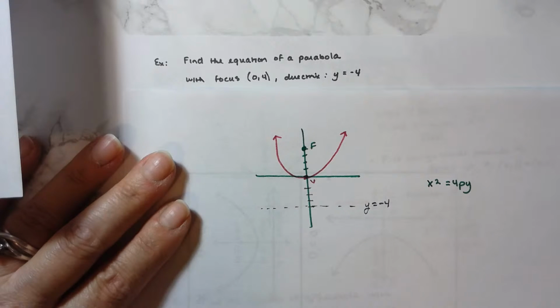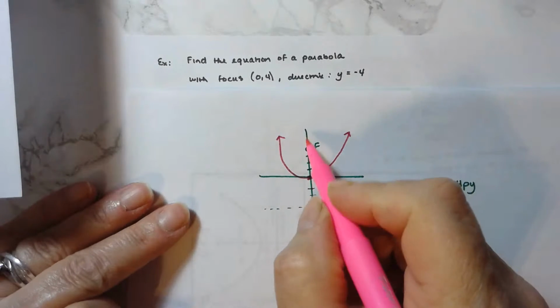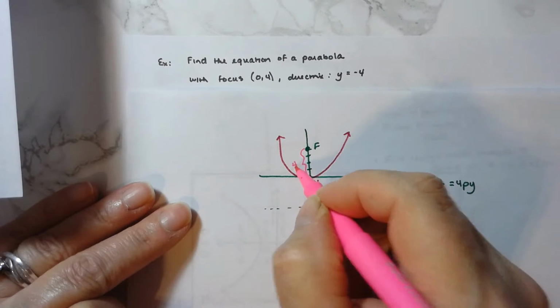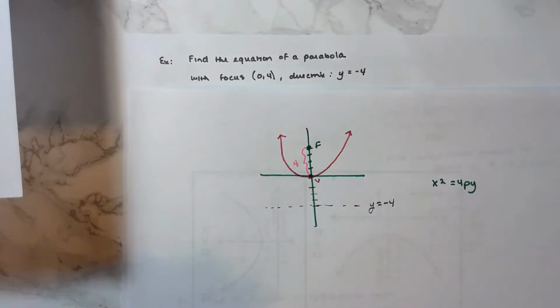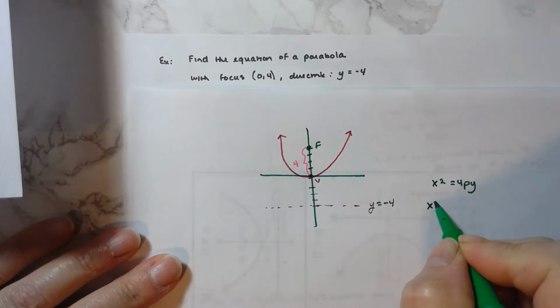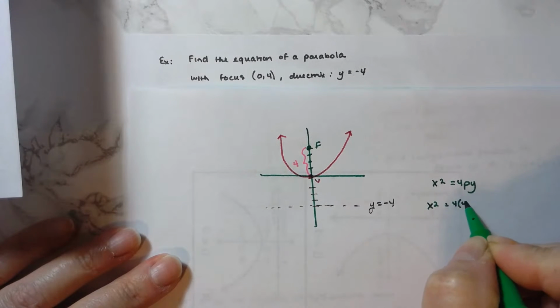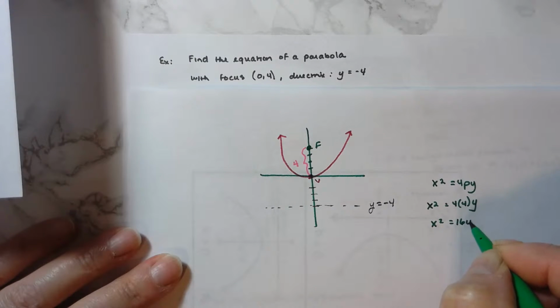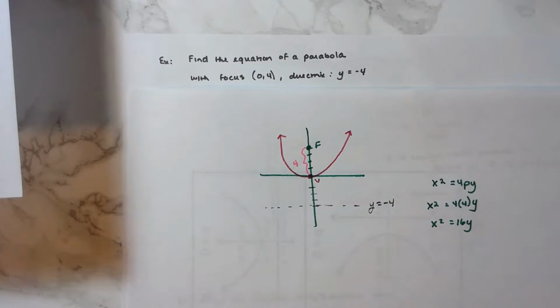I know what my p-value is too. My p is the directed distance between the vertex and the focus, and that was 4 units, so p is 4. So what I have is x squared equals 4 times 4 times y, or x squared equals 16y. And I'm done. I wrote the equation.